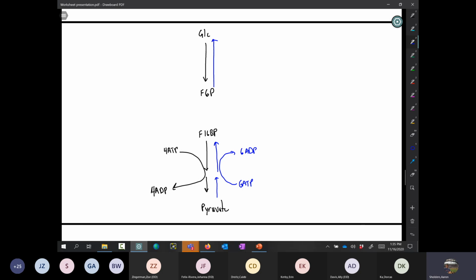Okay, and so we can then have some example of this, but let's then look at this step here. This step here is catalyzed by the enzyme PFK1. Okay, and this step over here is catalyzed by the enzyme FBPase1.